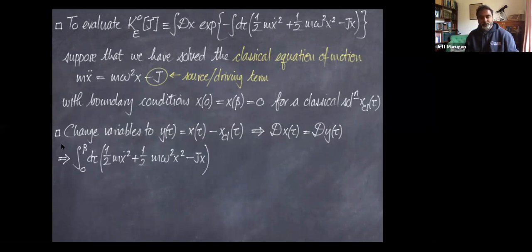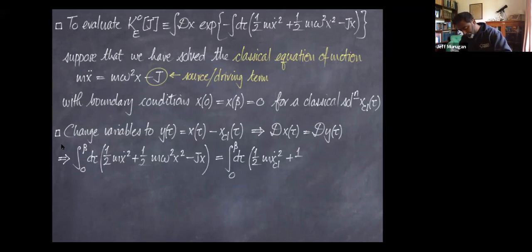One part is an integral over d tau, again from 0 to beta, of a half m x classical dot squared, plus, I'm just substituting for x now, plus a half m omega squared x classical squared minus j x classical.